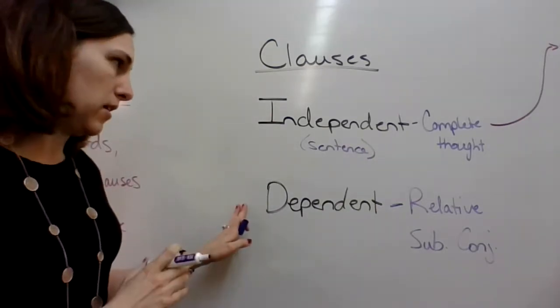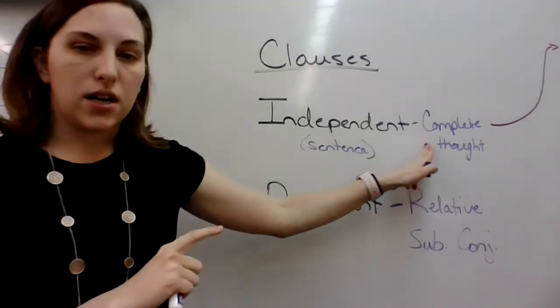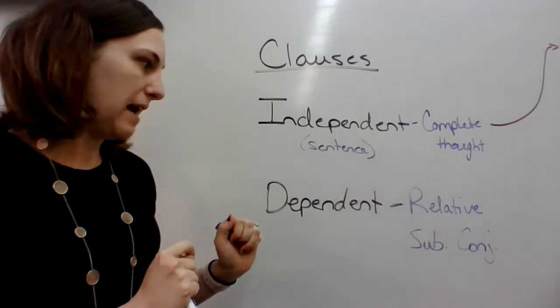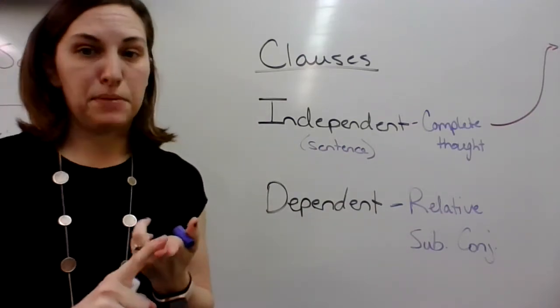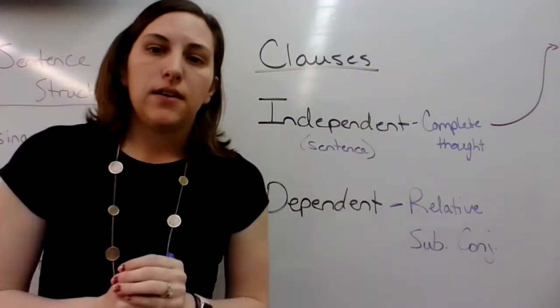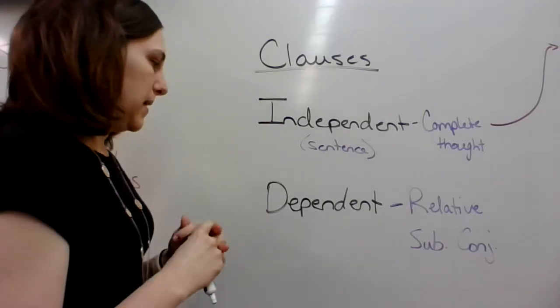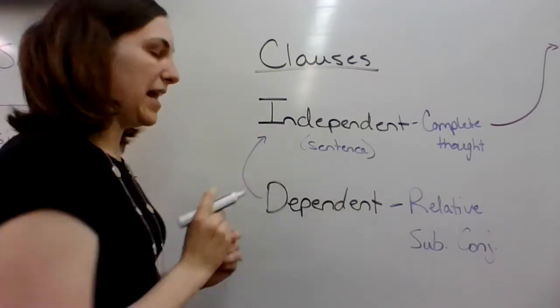A dependent clause does have a subject and a verb, but it will not express a complete thought, okay? It is introduced by these relatives and subordinated conjunctions: if, because, who, which, that. Hopefully you remember them a little bit. So a dependent clause has to be connected to an independent clause.